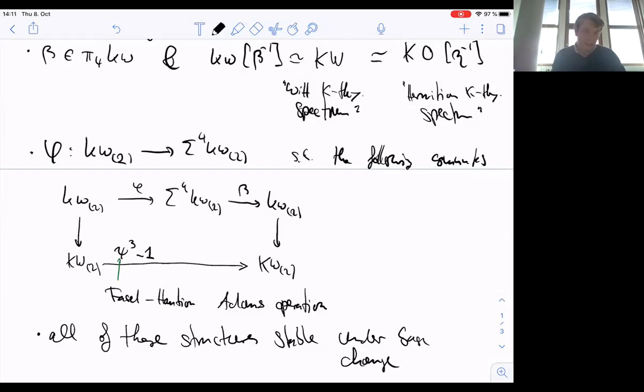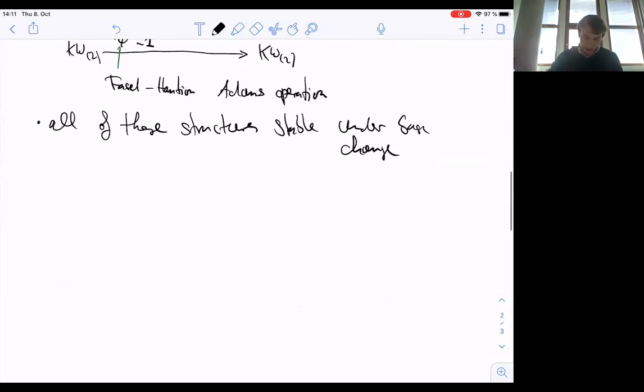Right, and so with this preparation or claims out of the way, I can state our first theorem. All of them are due to me and Mike, but let's emphasize it. This is somehow the fundamental thing. So there is a canonical fiber sequence.